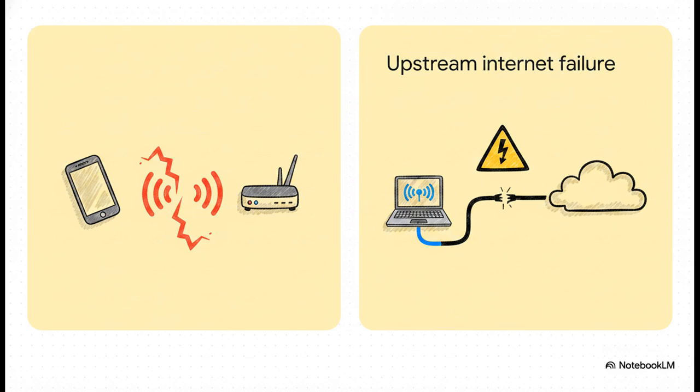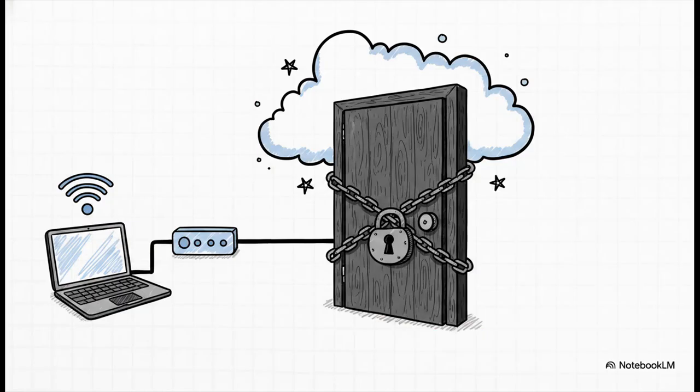But an internet issue, that is an upstream failure. You've got full, strong Wi-Fi bars, your device says connected, but web pages are just timing out. In that scenario, the Wi-Fi itself is actually perfectly fine. When a device says "connected, no internet," your Layer 2 wireless bridge is flawless. The exit door, the gateway to the wider world, is what's actually failing.